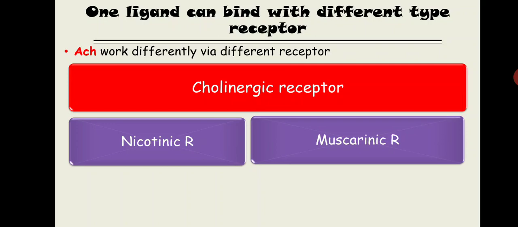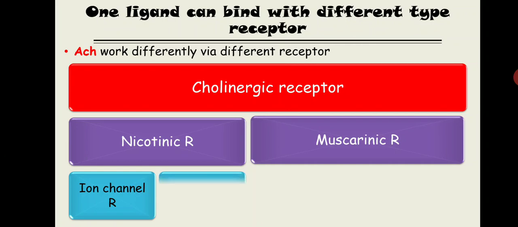Let's discuss the nicotinic receptor first. The nicotinic receptor is basically an ion channel receptor. In our first lecture we discussed that whenever a ligand ion channel receptor gets activated, it opens the channel. In this case it opens the sodium channel, so it leads to sodium influx.